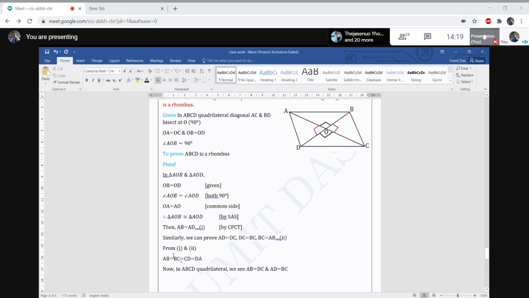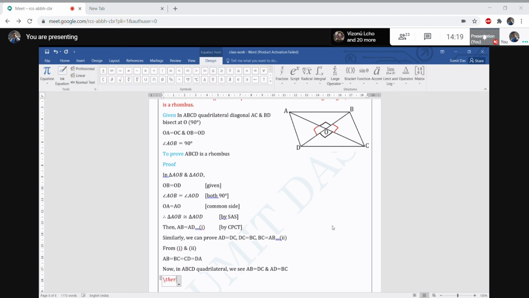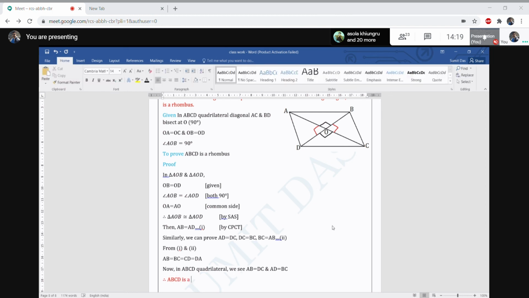That means in one quadrilateral, if opposite sides are equal, then we can say it is a parallelogram, right? Therefore ABCD is a parallelogram.